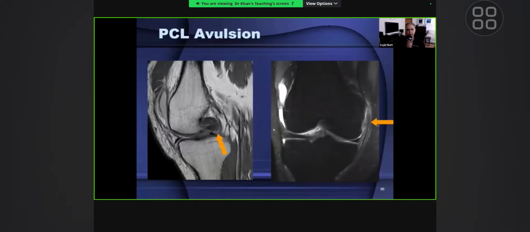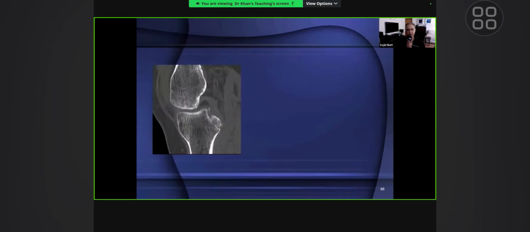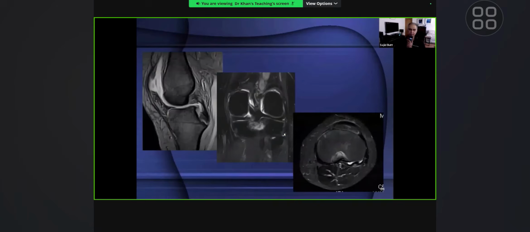Avulsion at the femoral attachment of PCL happens less commonly, but it does happen. And when you have that, it's got a big bone fragment which has disrupted from its femoral or tibial attachment site. And thankfully, this has a better prognosis because bone tends to heal better than the ligament itself.